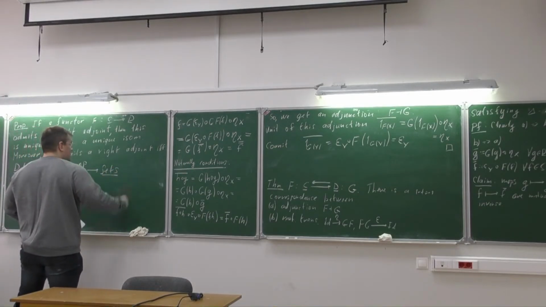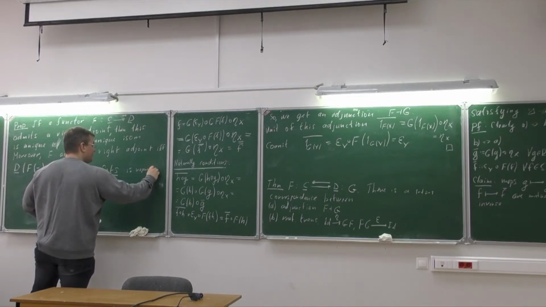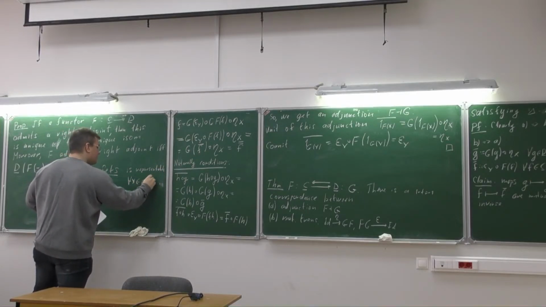So this functor is representable for any object y in the category D.